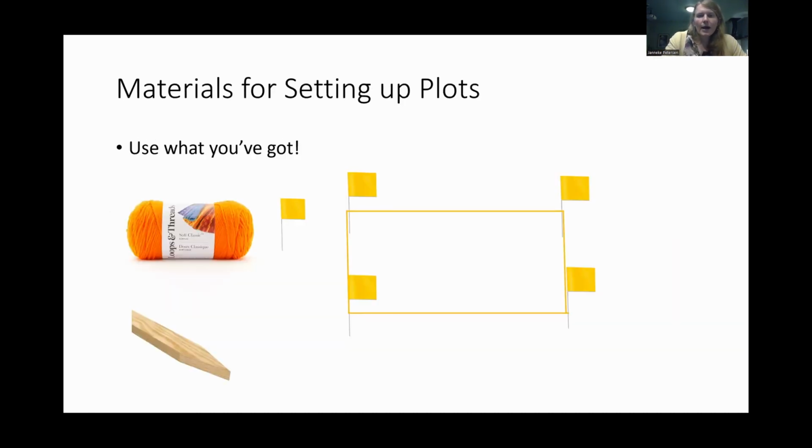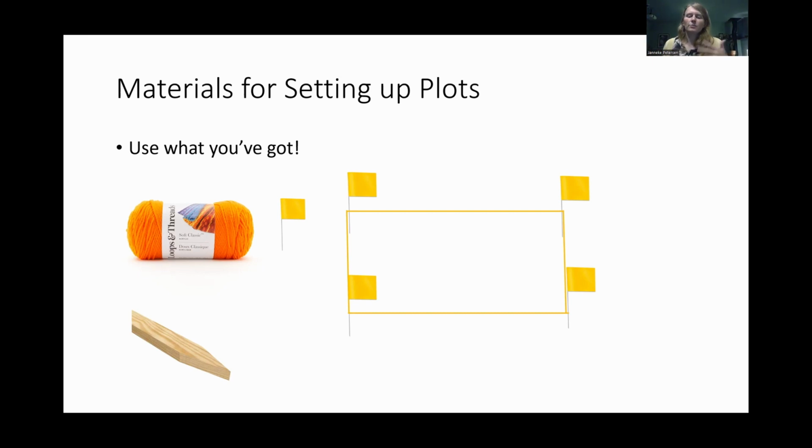So the materials that you use to set up these plots are flexible. Use what you've got. I've set up these plots before using landscape flags, which are made of metal, and you can just stick them in the ground really easily. I'll set up 4 flags to mark the corners of the plot.